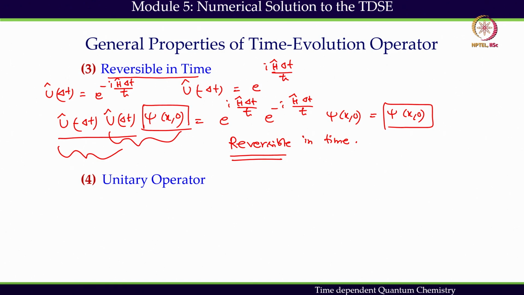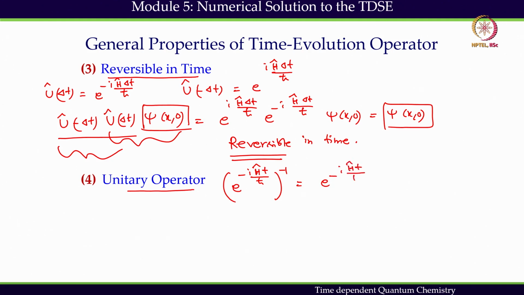The time evolution operator is a unitary operator, which means I'll be able to write down this equality: the inverse is equal to its adjoint.